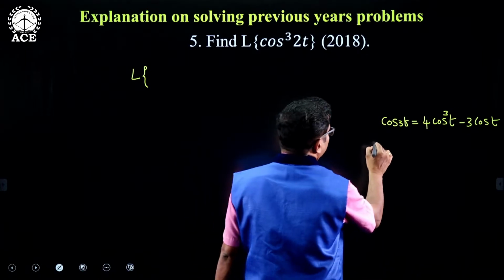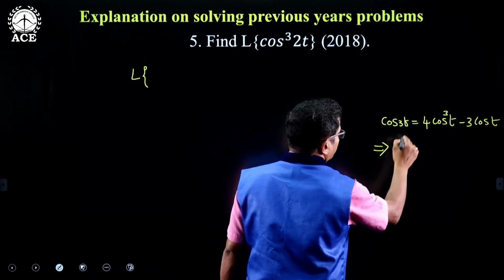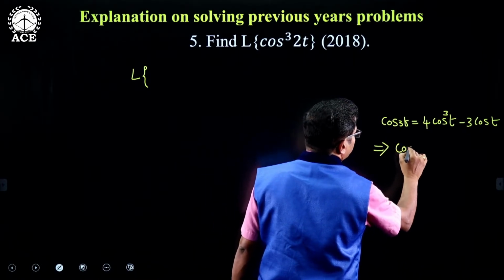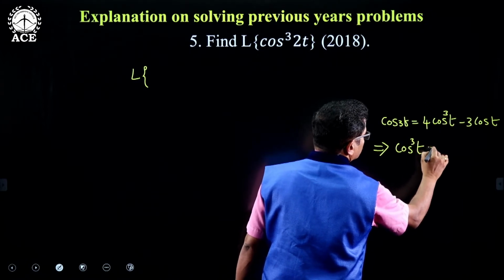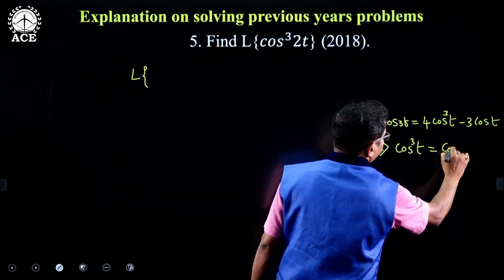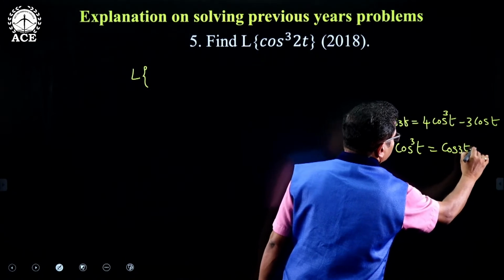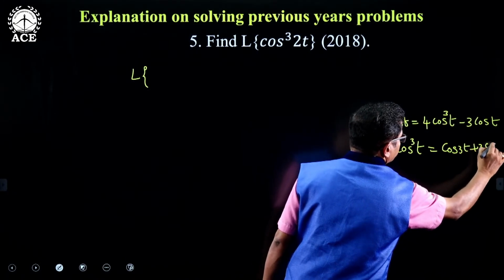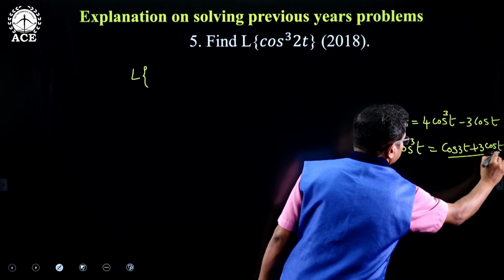So from this I can write cos cube t equals cos 3t plus 3 cos t by 4.